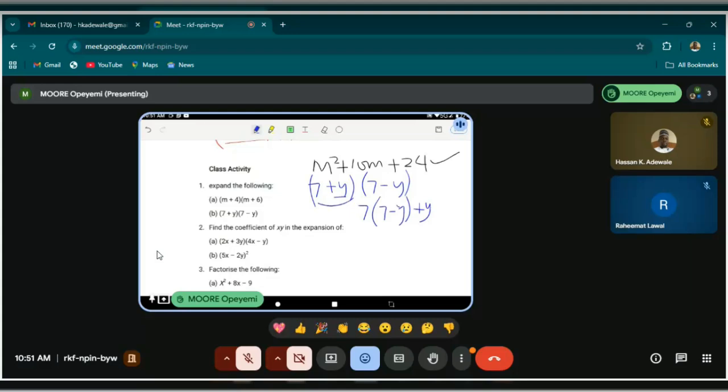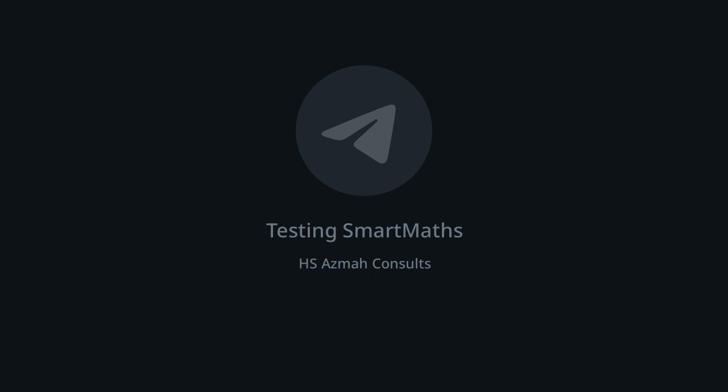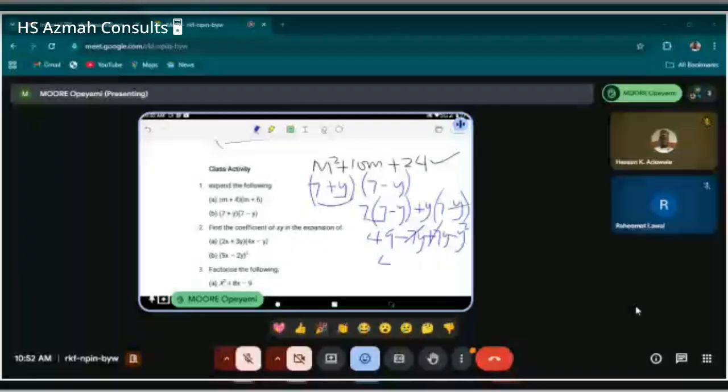Then this is plus 7y. Then minus y squared. This one we cancel out because it's plus 7y and minus 7y. So you will be left with 49 minus y squared.